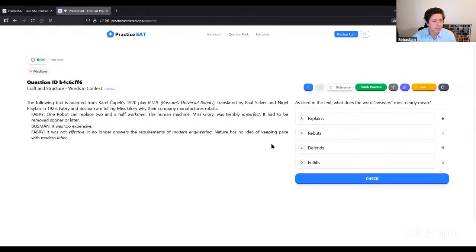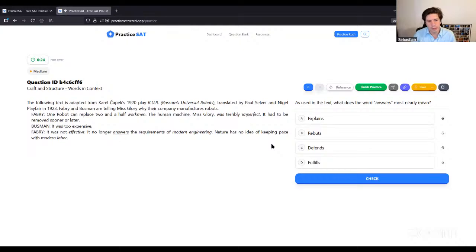The following text is adapted from Karel Čapek's 1920 play R.U.R., Rossum's Universal Robots, translated by Paul Selver and Nigel Playfair in 1923. Fabry and Busman are telling Miss Laurie why their company manufactures robots.